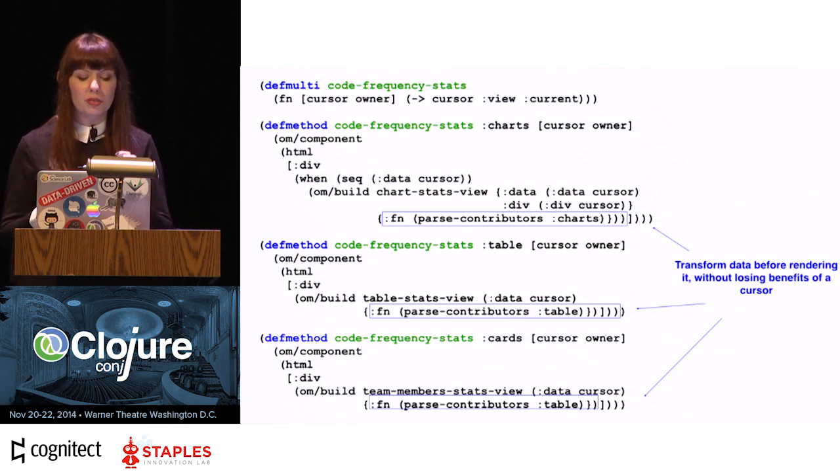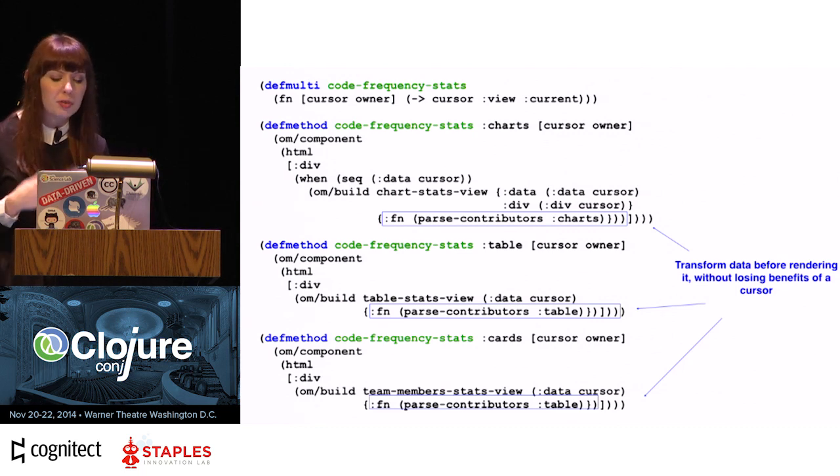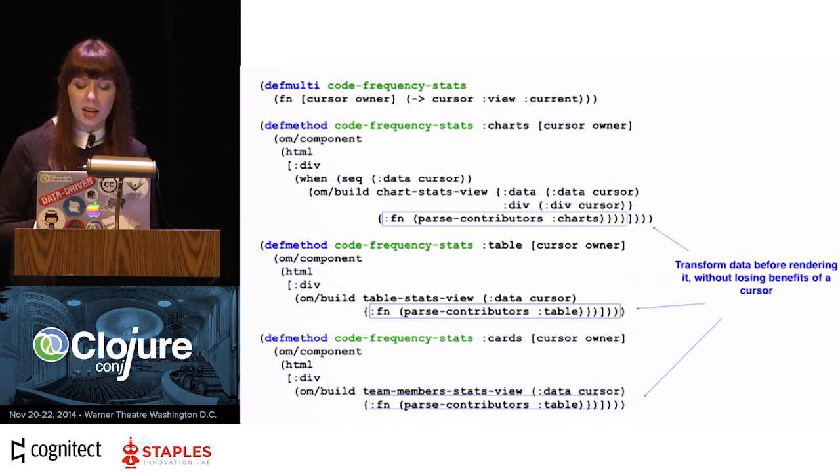The code frequency stats are stored in our application state, but each component might want data in a different format. At the same time, I don't want to change the underlying raw data. I want to use the same raw data, but the components need to transform the data before it's actually rendered. If you map or reduce over a cursor, you will get a copy of that data, but it won't be a cursor anymore.